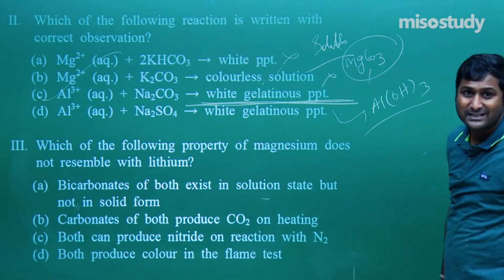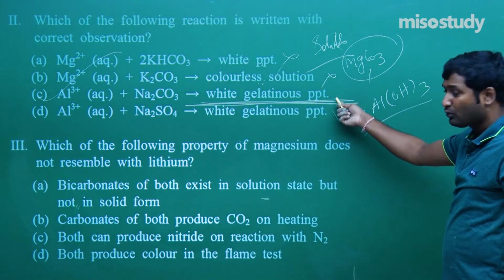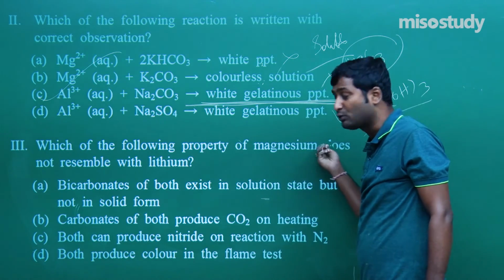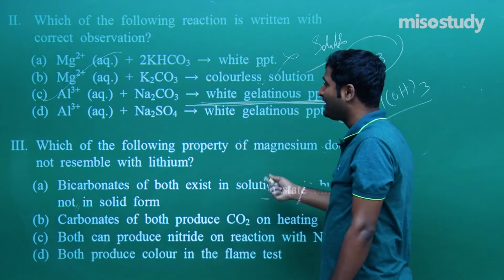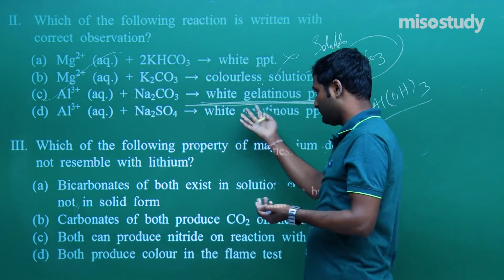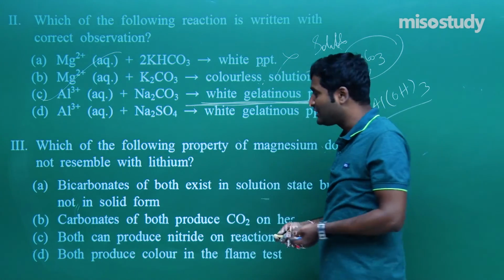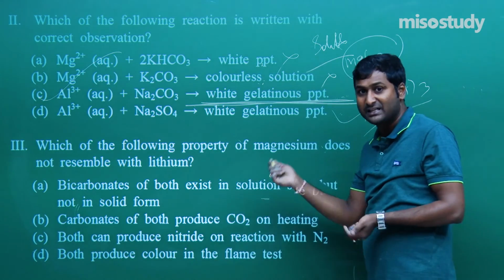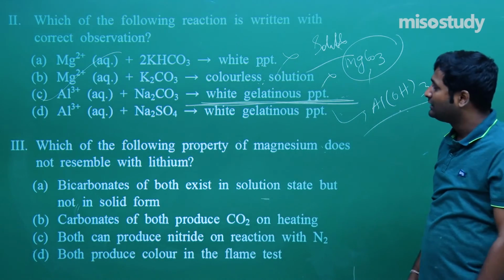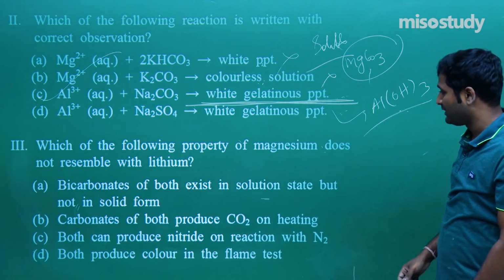This is white gelatinous, and there was a question from this topic in the JEE Main 2018 examination. If you go through the JEE Main paper, you will find that there is sometimes a gelatinous product, and during the solution of the JEE Main paper I have discussed that if there is a white gelatinous product, then definitely that is Al(OH)3. So this is the correct observation.